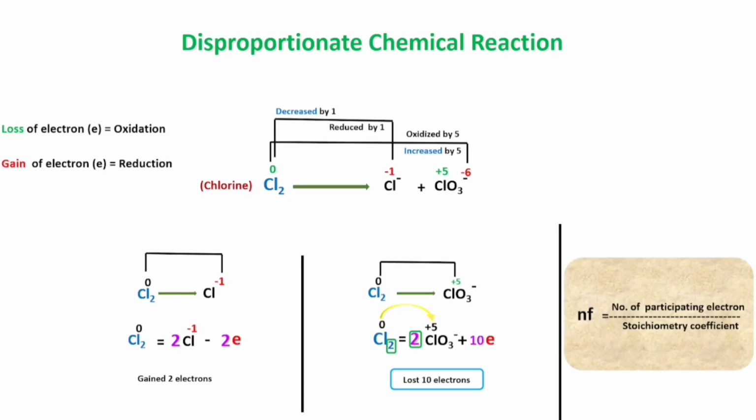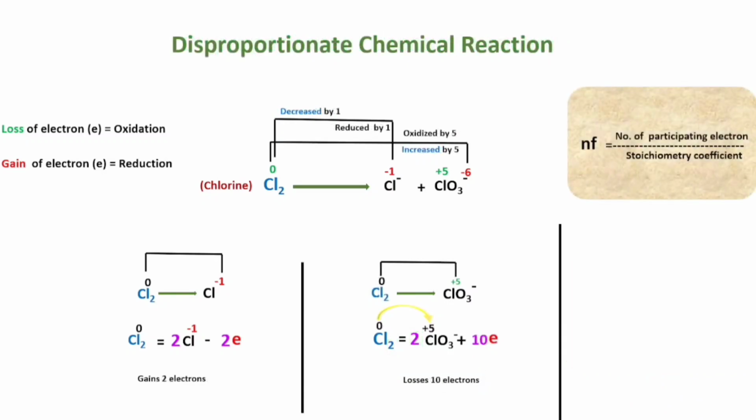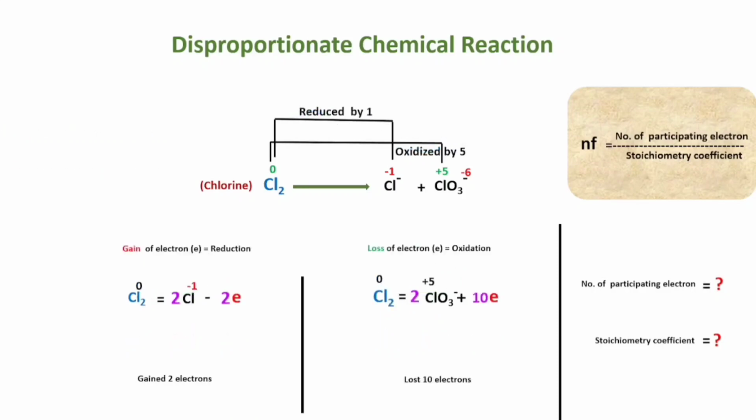For this formula of N factor calculation, we have to find out the number of participating electrons and the stoichiometric coefficient. In one half reaction, chlorine atoms lost 10 electrons, but in the other half reaction, chlorine atoms gain 2 electrons. To get the number of participating electrons, we have to balance both the number of oxidation and number of reduction.